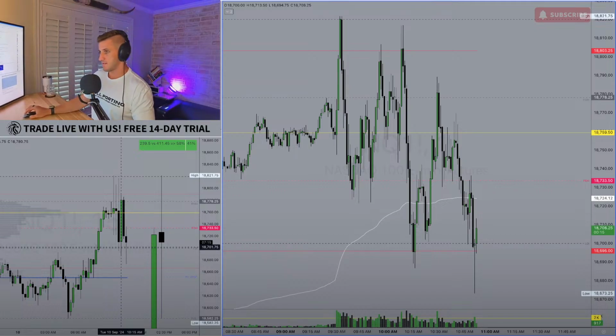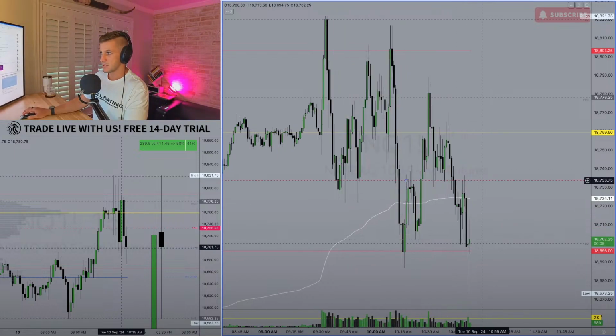Challenge right now for that 700 long setup is you have VWAP right into here and then the prior day high. Makes it tricky in my opinion.